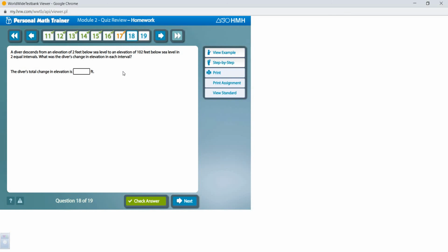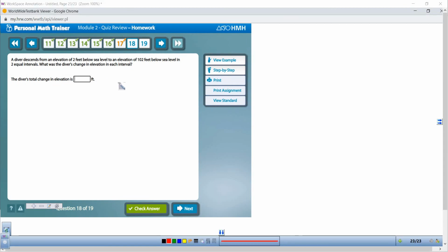A diver descends from an elevation of 2 feet below sea level to an elevation of 102 feet below sea level in 2 intervals. What was the diver's change in elevation on each interval? All right, so a diver descends from an elevation of negative 2 feet. So up here is 0. Okay, so we're going down.